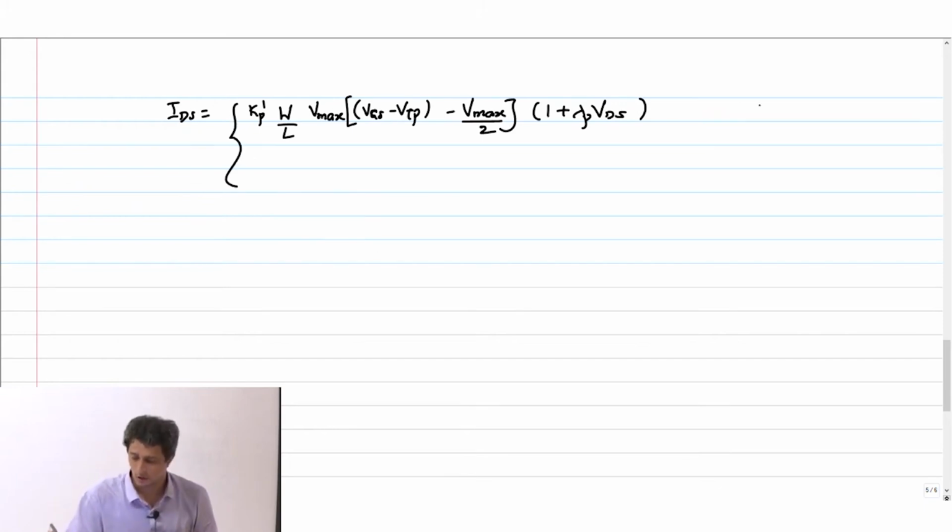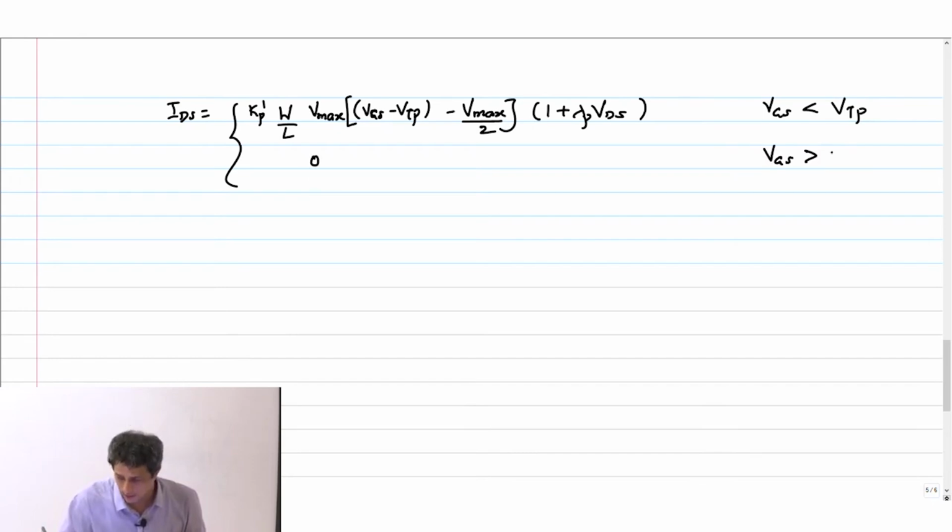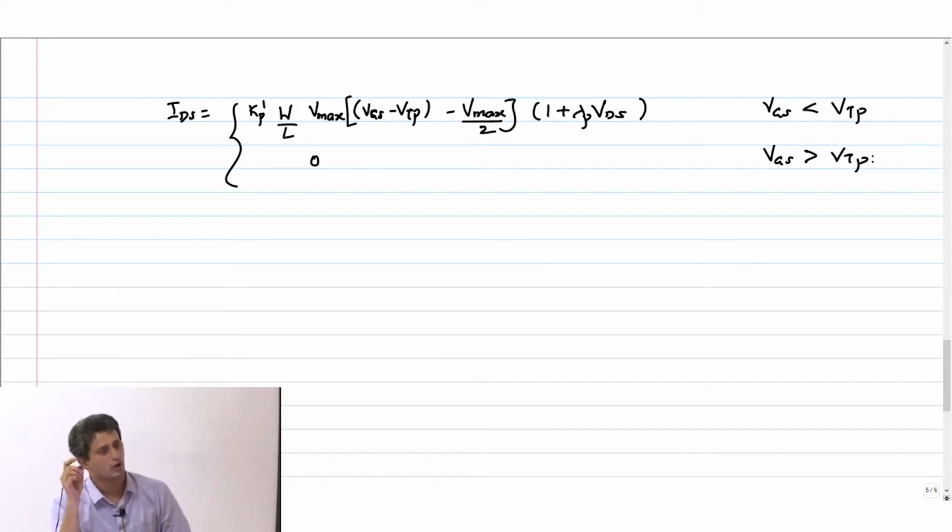This is obviously if VGS is less than VTP, and it is 0 if VGS is greater than VTP. There is no current through the PMOS transistor if VGS is positive or has not yet inverted the channel.